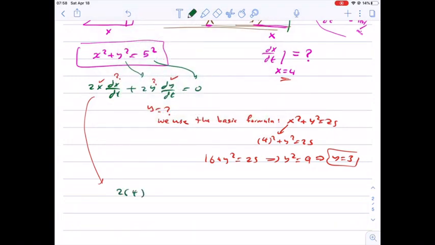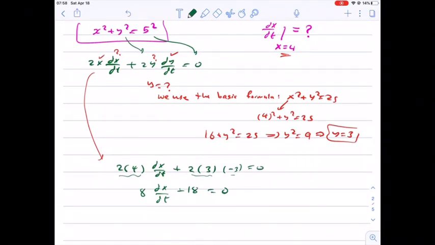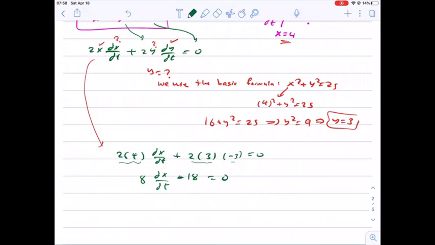Now we can apply the formula here. We have 2 times x, which is 4, dx over dt, plus 2 times y, which is 3, dy over dt, which is negative 3, equals 0. Now 2 times 4, 8, dx over dt, 2 times 3, 6 times negative 3, negative 18, equals 0.